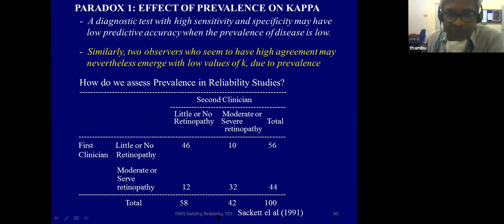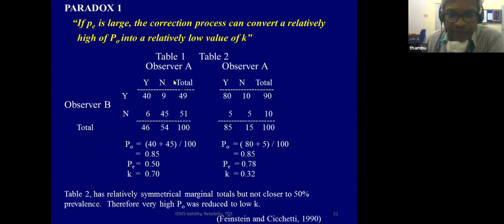Now, you're all stats people, so I'm sure you'll be able to look at this 2 by 2 table and remember it. This table 1 is something similar to the table I showed you in the previous slide. Here we have 100 people, observer A and observer B. Observer B said yes to retinopathy a total of 49 times.